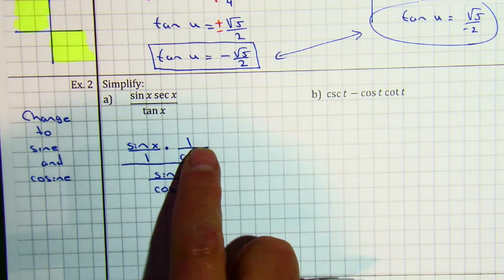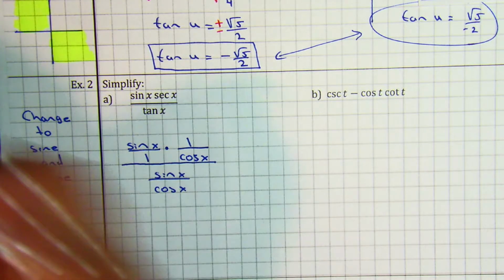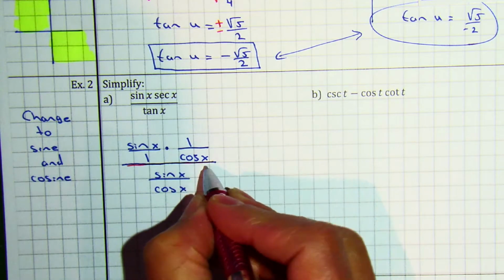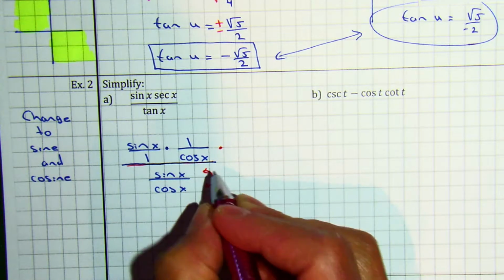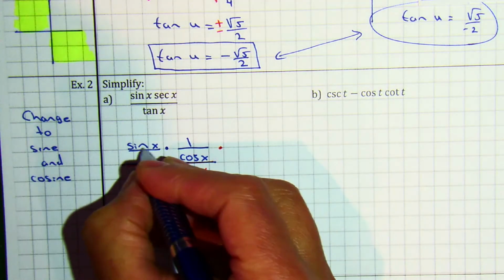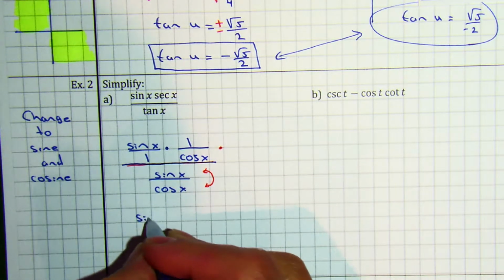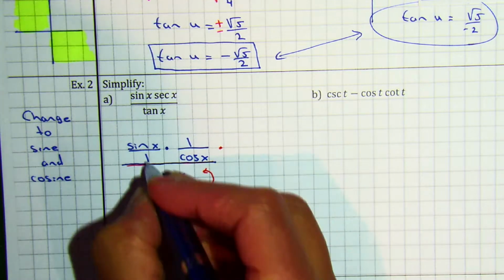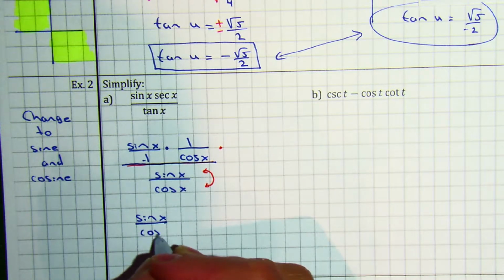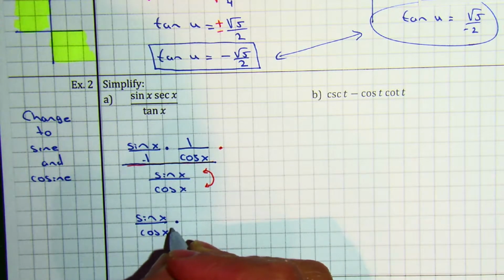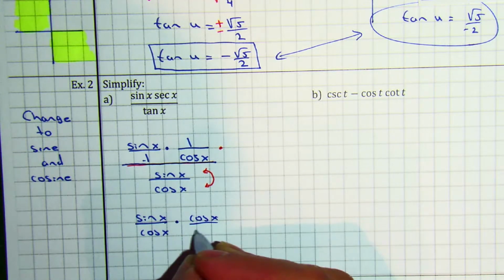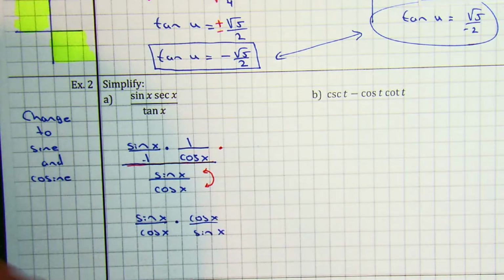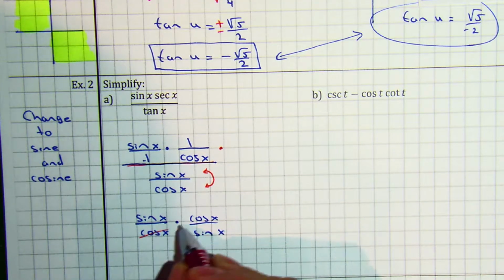I'm going to multiply this out, and I'm going to change my division to a multiplication by taking the reciprocal of this fraction. So sine times 1 gives me sine of x over 1 times cosine is cosine of x, times the reciprocal, so it'll be cosine of x over sine of x. And now that cancels.